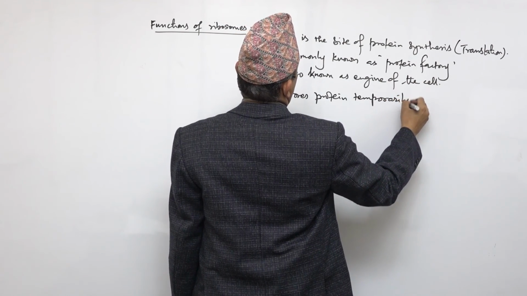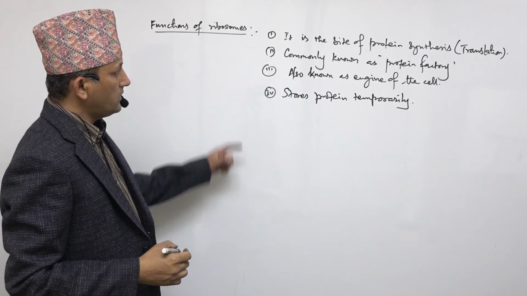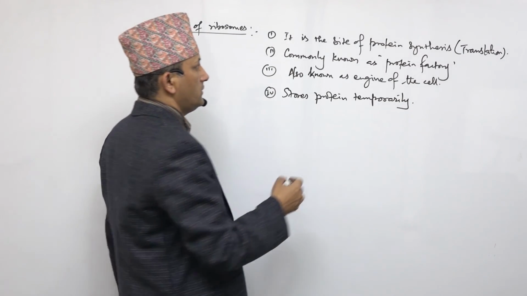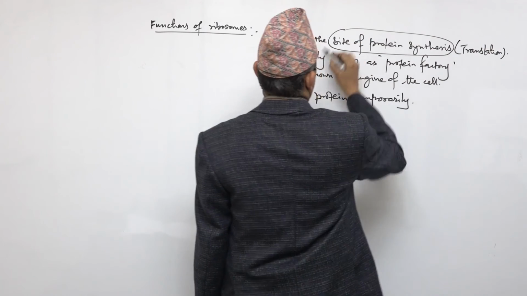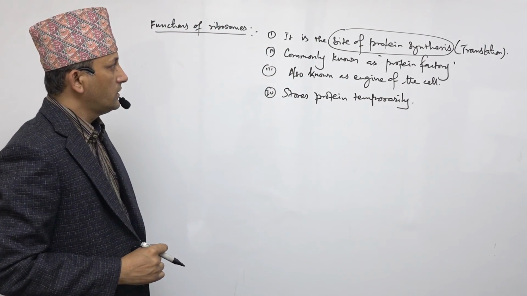It also stores protein temporarily. So these are the functions of the ribosome. The main function is it is the site of protein synthesis. It is the site of translation process.